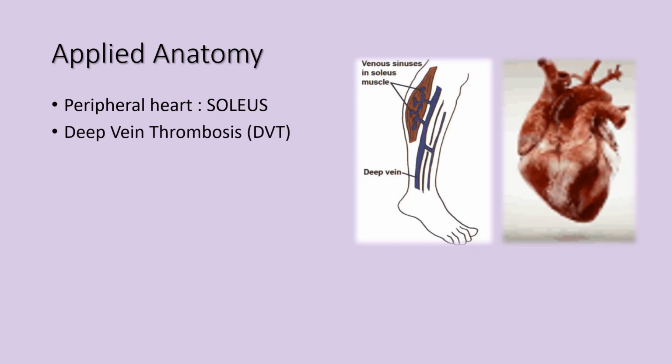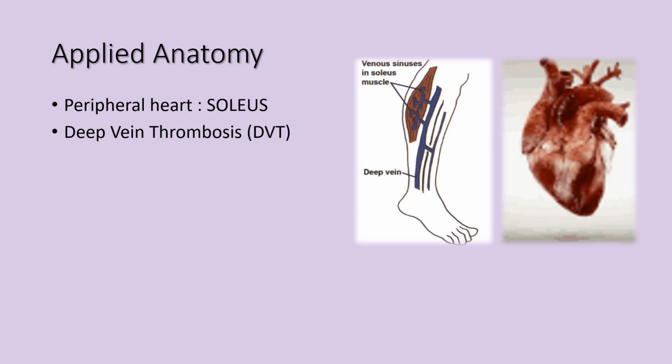In long-standing bedridden patients, say after major operations, the deep veins of the leg, especially in the posterior compartment, can go for thrombosis. Blood gets clotted, and that can dislodge and go to the heart and lung, causing pulmonary embolism.